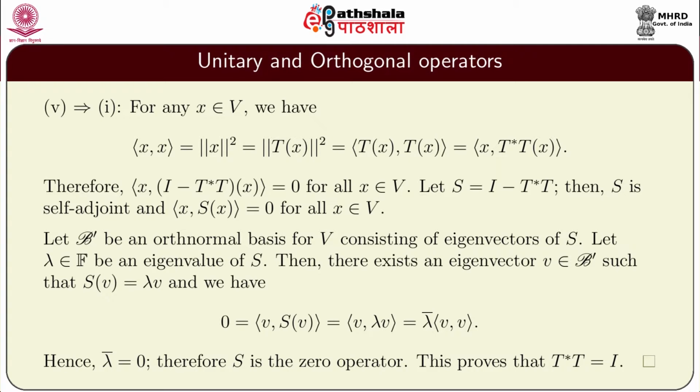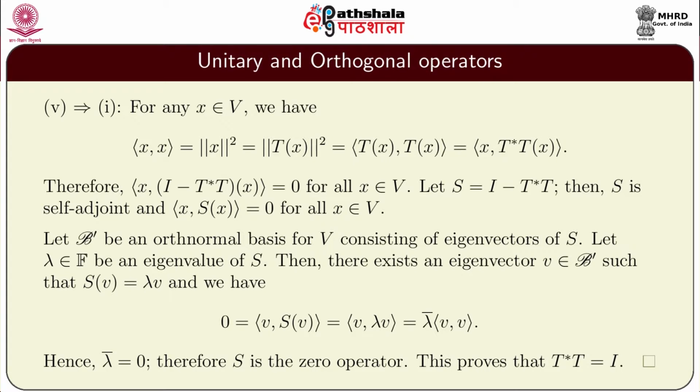Let lambda be a scalar which is an eigenvalue of S. Then there exists an eigenvector v in B dash such that Sv is equal to lambda v, and we have that inner product v, Sv, which is 0, is equal to inner product v comma lambda v, that is because Sv is equal to lambda v, and that is equal to lambda bar inner product v comma v. This shows therefore lambda bar is 0, and hence S is the 0 operator.